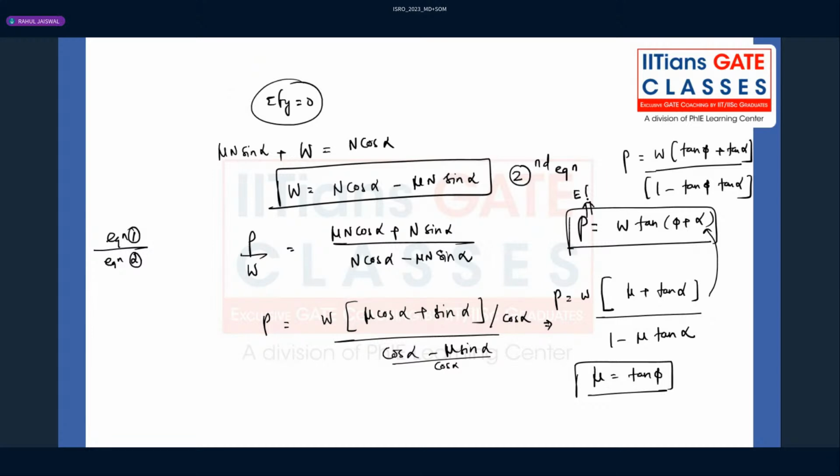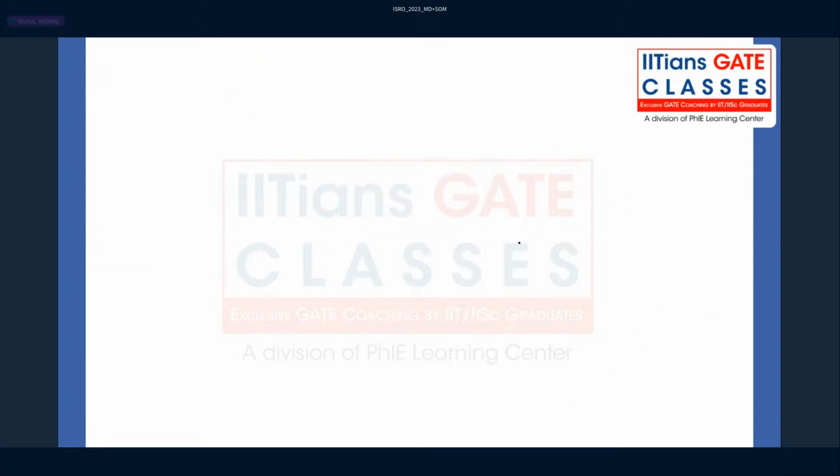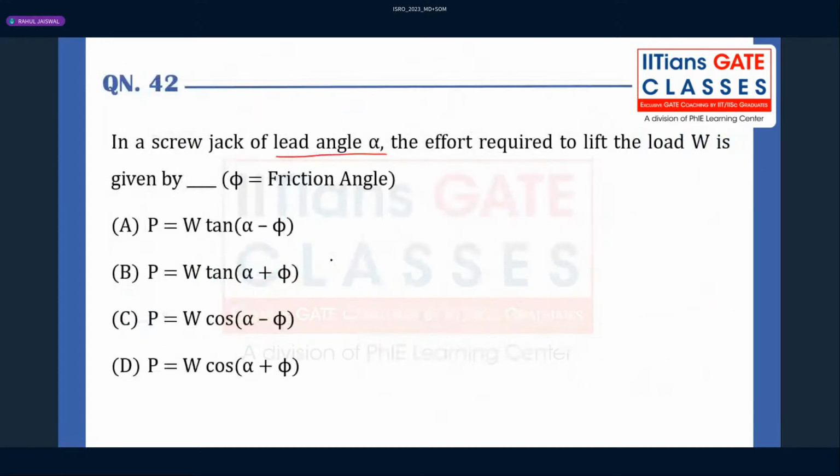This is the effort required to raise the load W. Now you can see it is depending on phi as well as alpha. Now in the same question, if I ask how much torque will be required to raise the load W, we got the simple answer P, but that is not our purpose of doing this session.